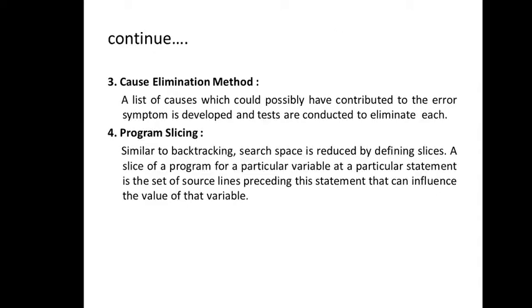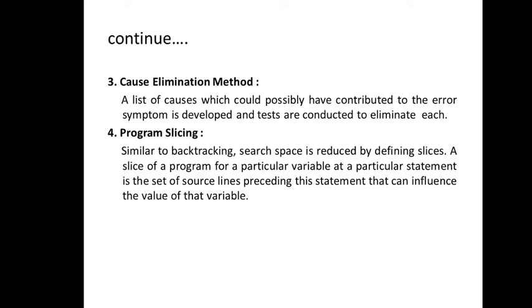So we have one more method. First I'll discuss program slicing because it is similar to backtracking. We have just modified backtracking. We call it program slicing, just to reduce the scope of the backtracking lines. So what is done in program slicing? You identify the error in the 7th line, right? So we check which variable has the error.